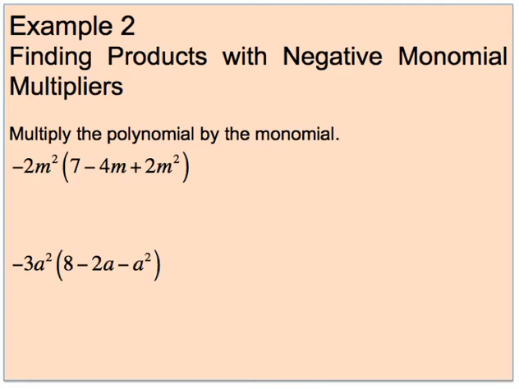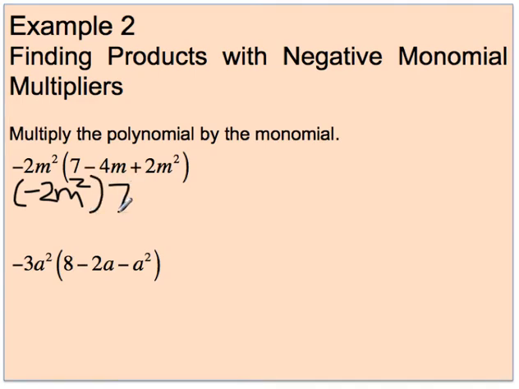Our second example has us dealing with negative monomial multipliers. It's really the same thing that we just did, it's just that now, rather than multiplying each term by a positive monomial, we're multiplying it by a negative monomial. So here we're going to take the negative 2m squared and multiply it by the positive 7.